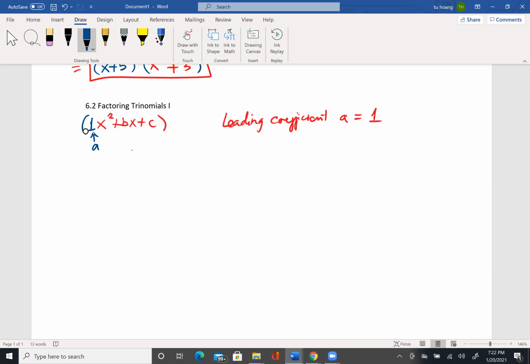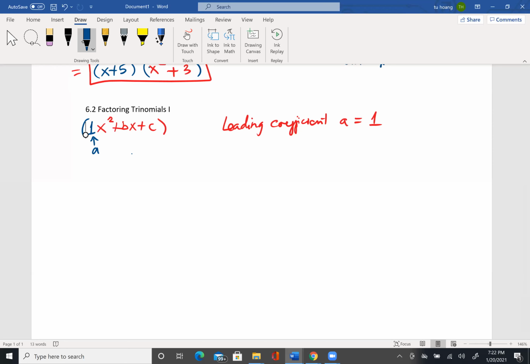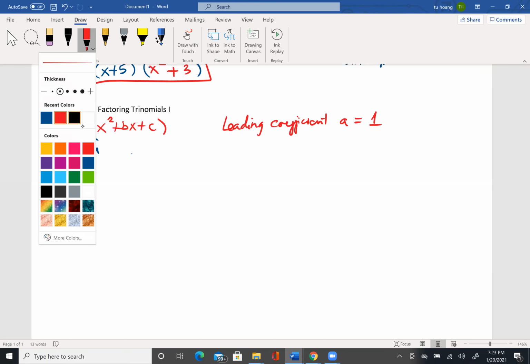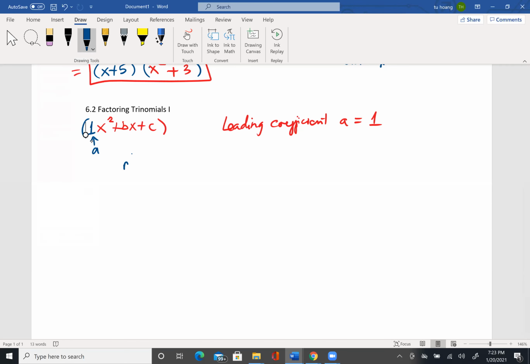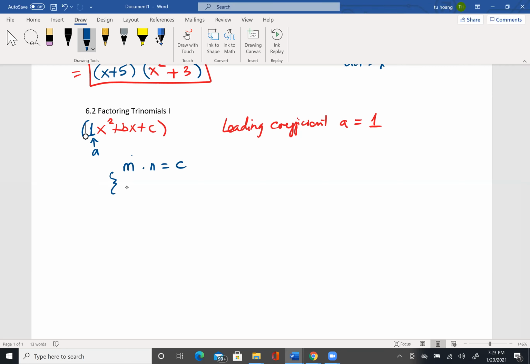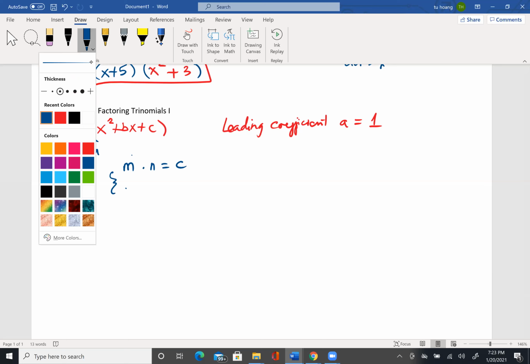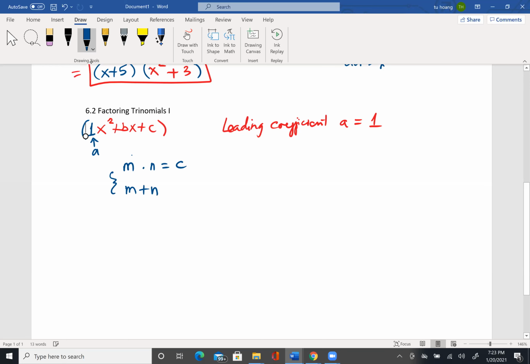So how can you solve it? You want to try to have m times n equal to c and m plus n equal to b.